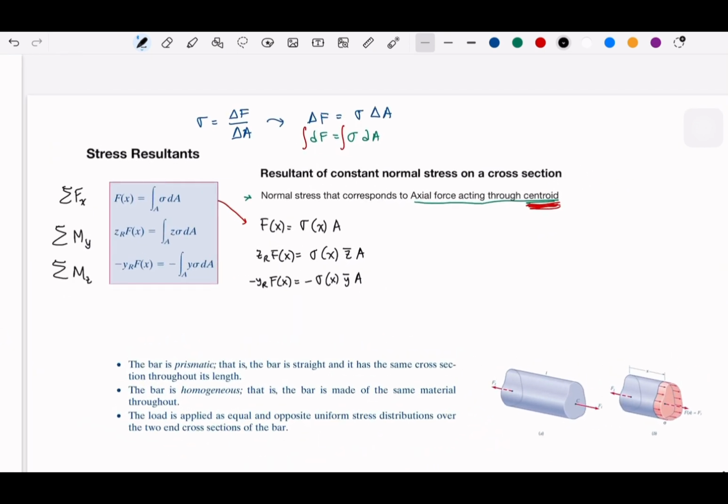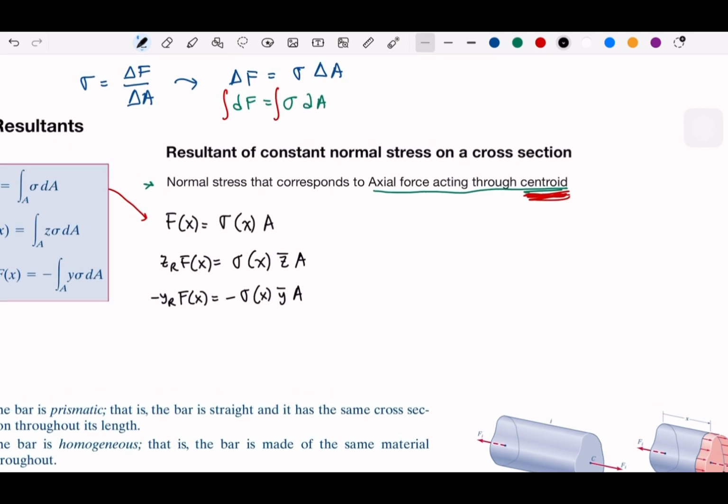So the whole axial stress equation. Axial stress can be written as sigma of x equals F of x divided by A of x.